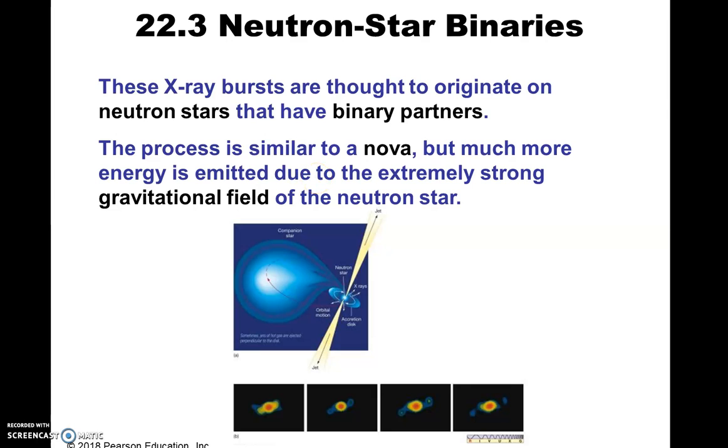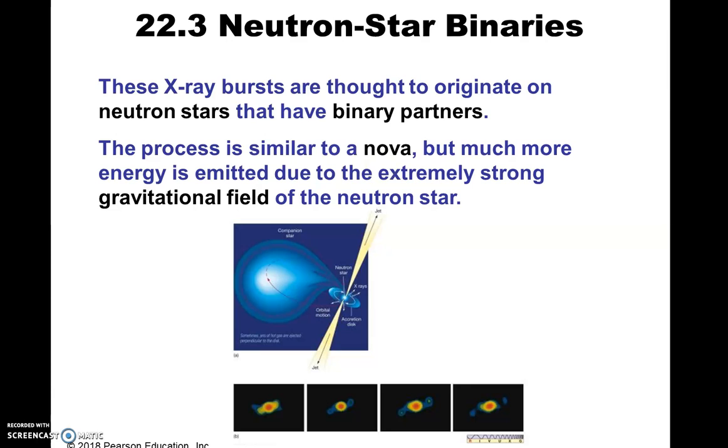But then, when there's enough of that matter that falls onto the surface of the neutron star, it will ignite. It's hydrogen, of course. That's mostly hydrogen from the companion star that is accumulating in this accretion disk.